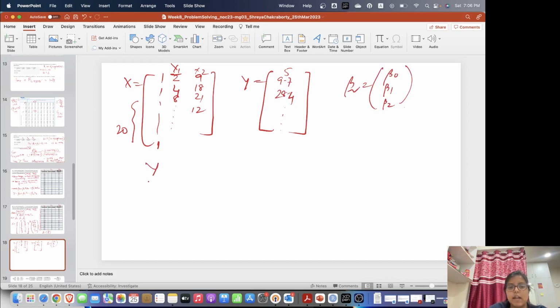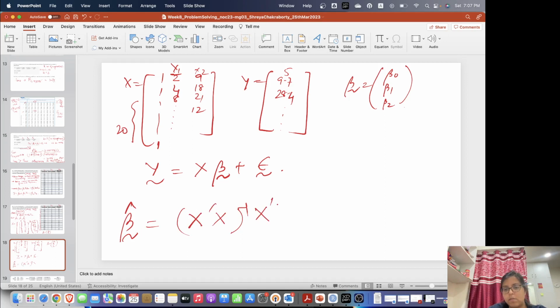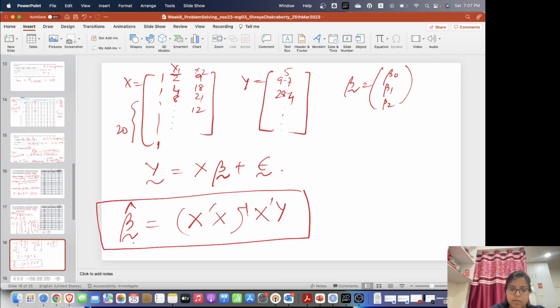So then we can write this as y equal to x beta plus epsilon. Then beta hat would be (x prime x) inverse times x prime y. This is the OLS estimate, and this is how we are going to calculate it.